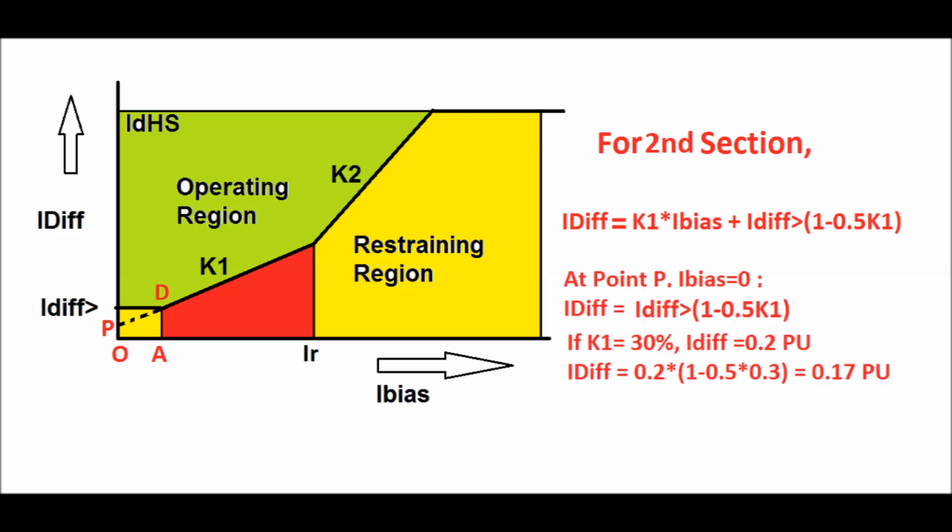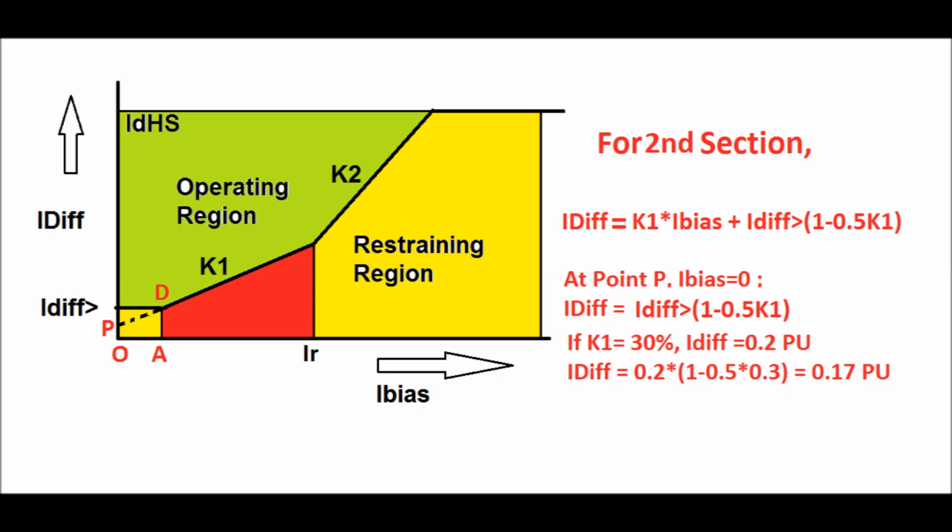Now the characteristics of Micom P63X are slightly different from those of the Micom P64X relay. The initial slope in the Micom P64X relay meets at the origin, but in the case of Micom P63X, if we extend the initial slope towards the axis, it meets at a certain value.